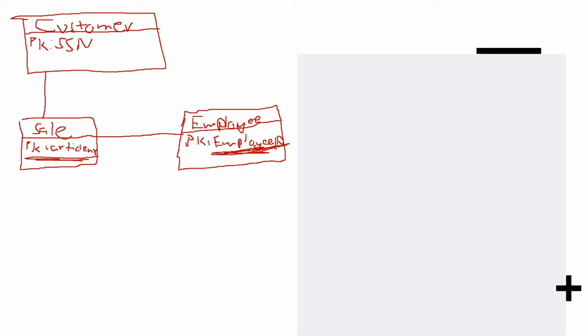Now, the next thing we're going to look out for is: is the entity going to occur more than once in the database? As in, will it actually be used? In our little database here, we're going to be using customers, sale, and employee pretty much all the time, every day.